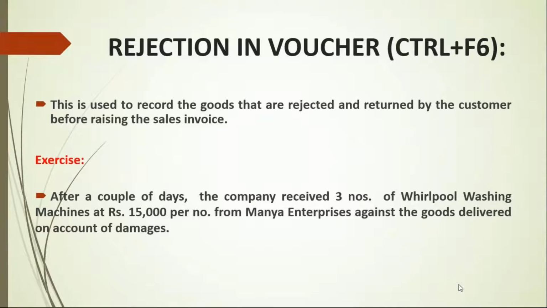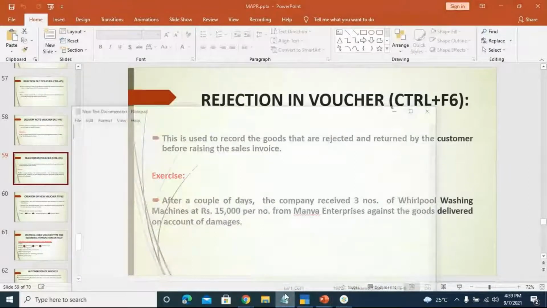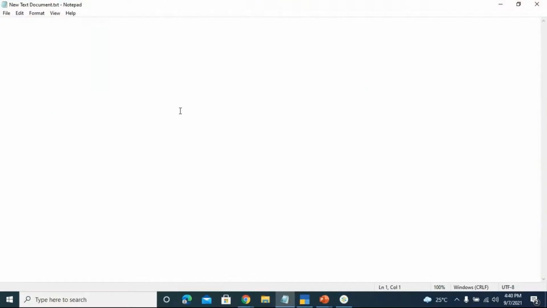Yesterday we had made a list, right? We had started with the receipt vouchers. So I will make it like this: before raising the invoice, and after invoice, or on invoice.